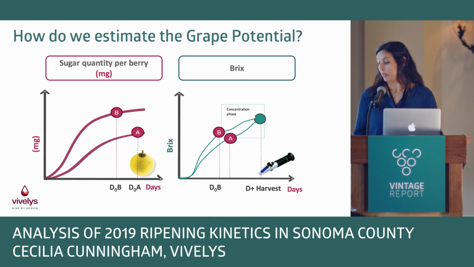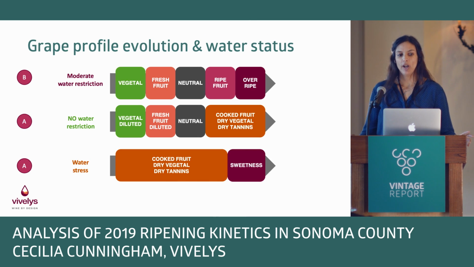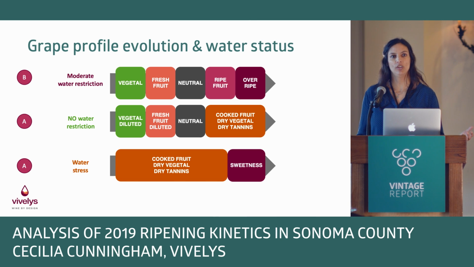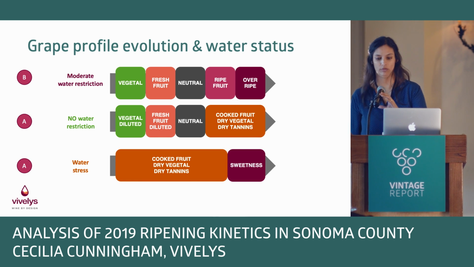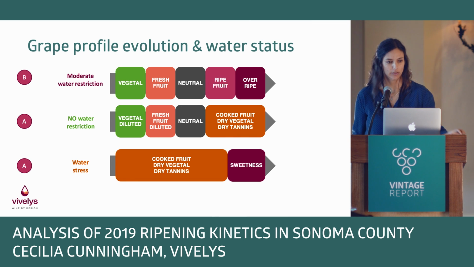And this is important to remember because, like we said before, we do have a modelization that we're doing that is helping us predict what are the windows that we're going to be seeing. In this case, we have, for example, block B, if you remember from the slide before, with a moderate water restriction, that is something that we are always looking to have: smaller berries and a better ratio.